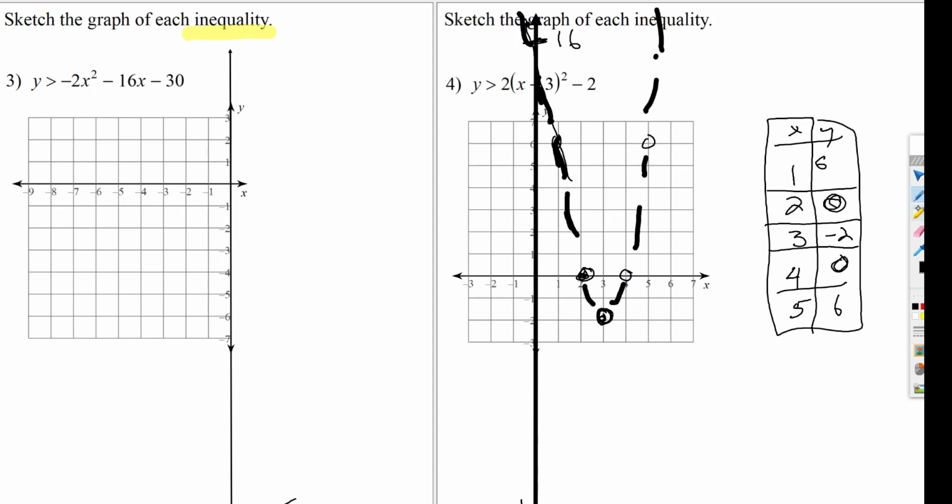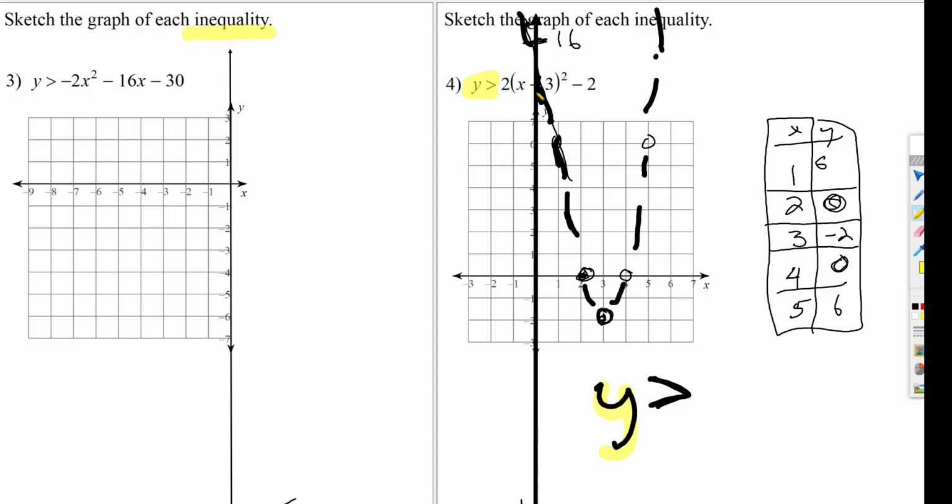And then remember what we said about shading. And yes, one of the methods is to take 2 points. So you take one point inside the parabola, 1 point on the outside of the parabola, and check to see which one makes that true. The other way that I've shown you is you pay attention to this. It says y's are all the y's greater.